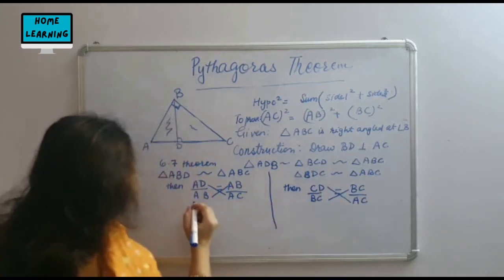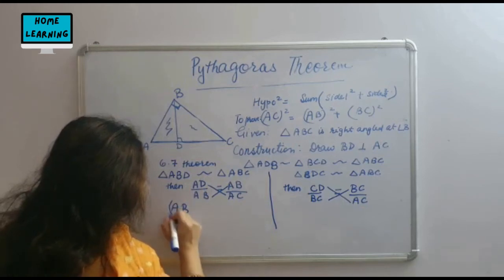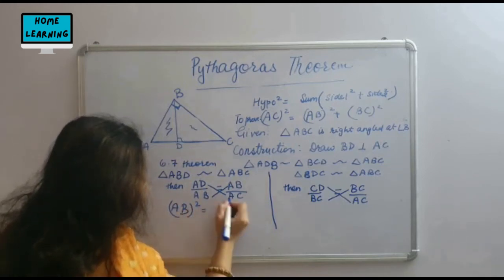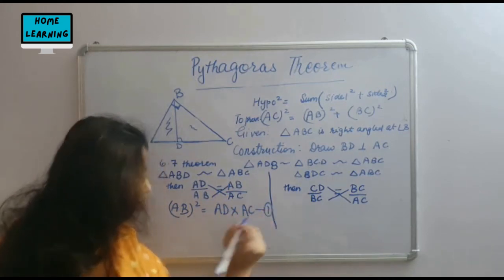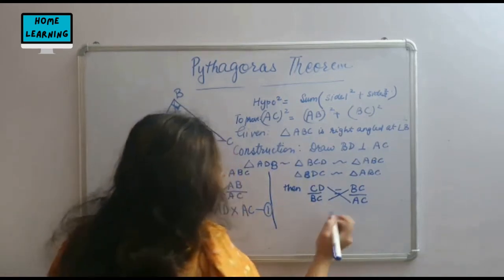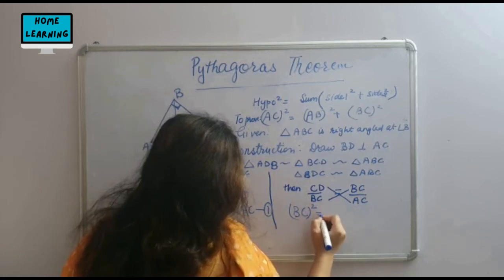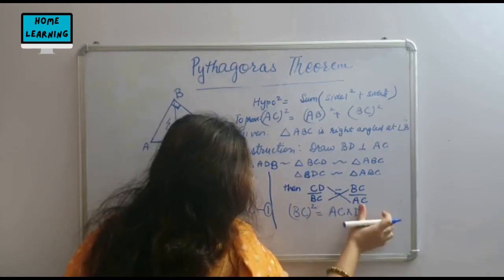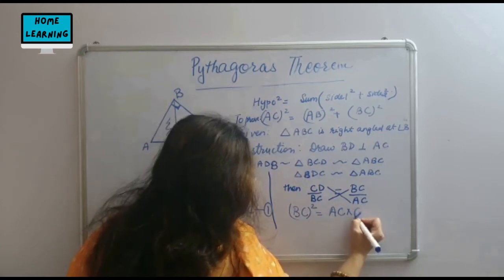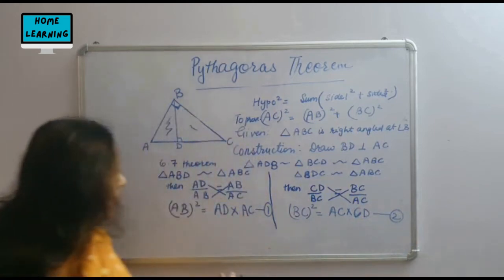You get the equation AB square is equal to AD into AC. This is the first equation you have got. Here you will get BC square is equal to AC into CD. This is the second equation you have got.